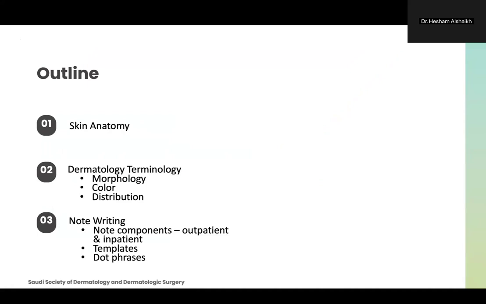Whenever you look at a skin rash, you'll be able to reach towards your diagnosis, or at least narrow it into a few possible differentials. And then at the end, I will be talking about note writing. What are the components of an outpatient and inpatient note that are relevant to dermatology? And a few tips and advice about templates and dot phrases that could be helpful depending on whatever electronic medical records you're using.